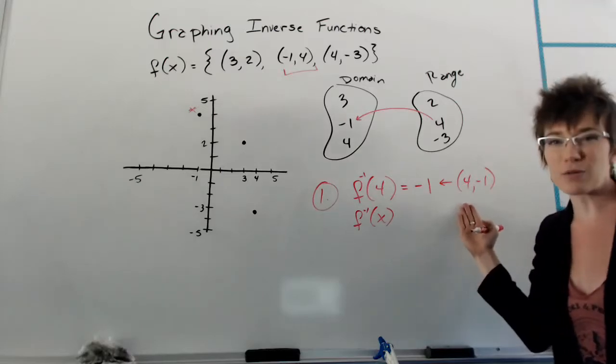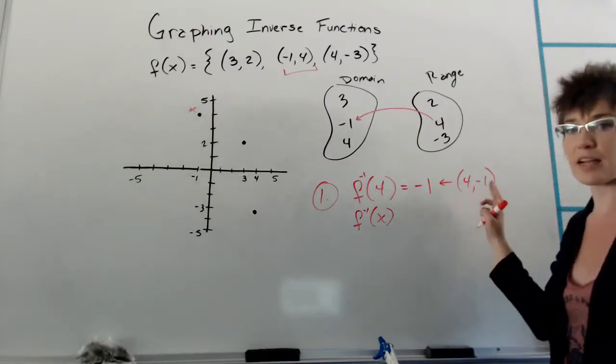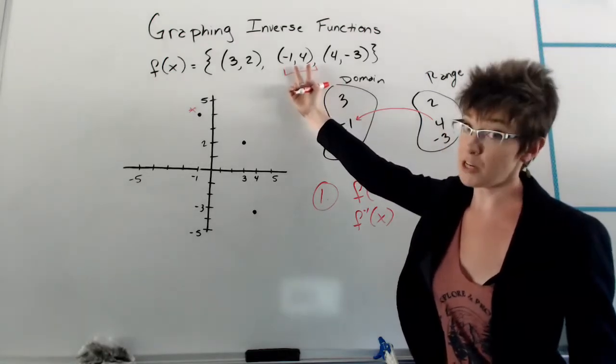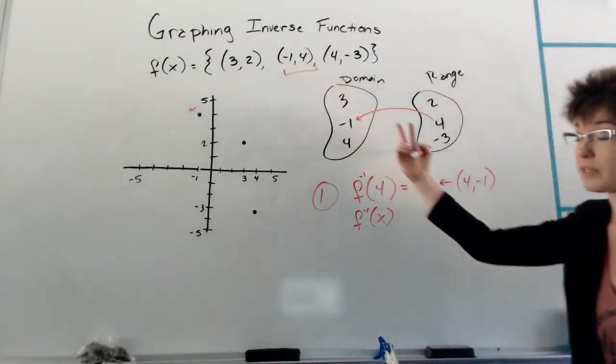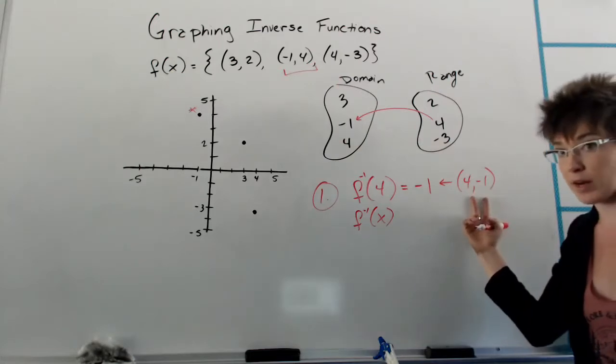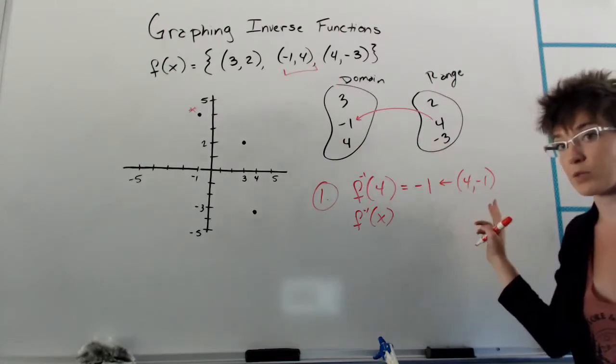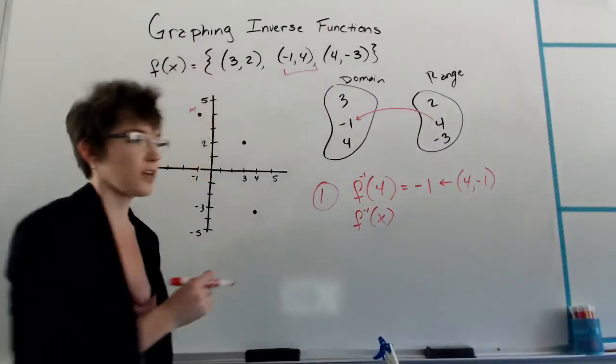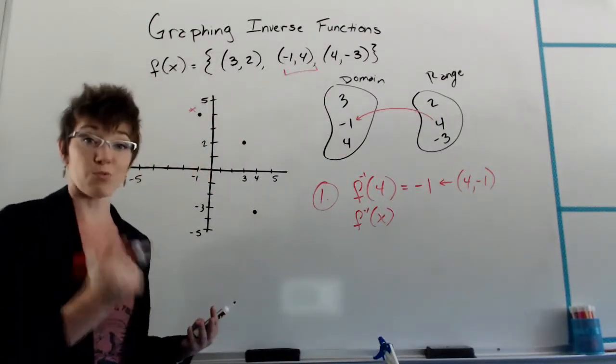So again, you're switching the x and y values. What used to be -1, 4 as a function point is now 4 comma negative 1 as an inverse. So we switched them.